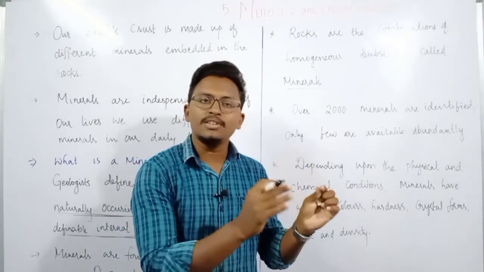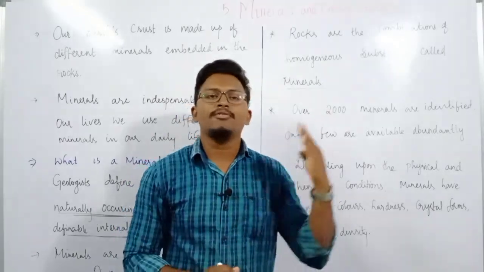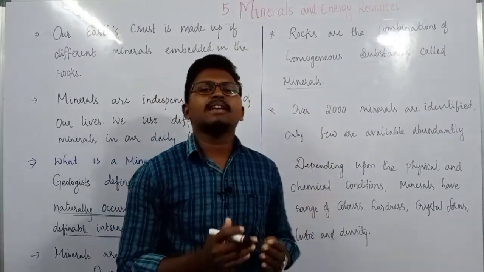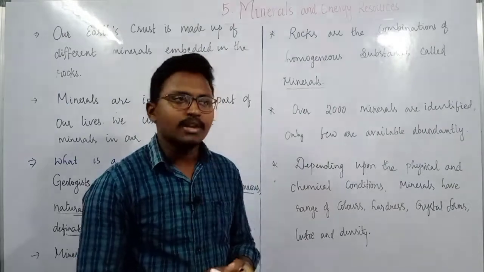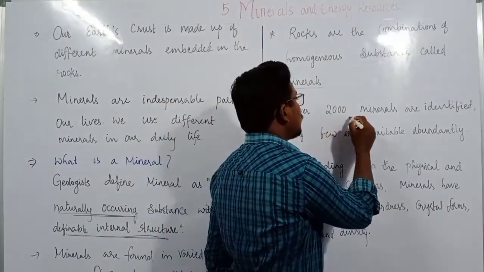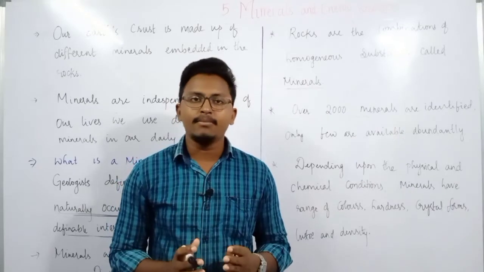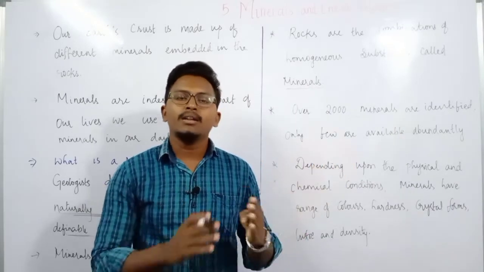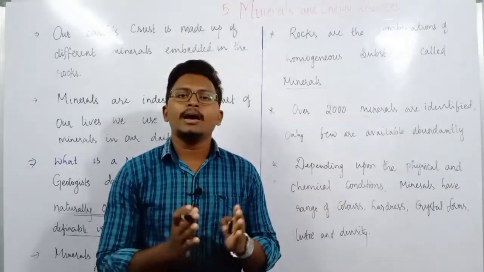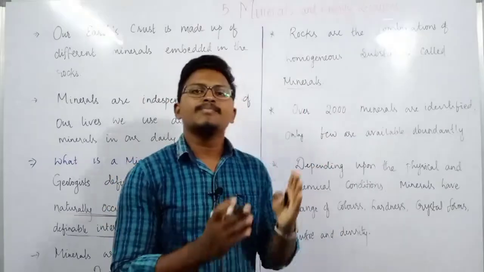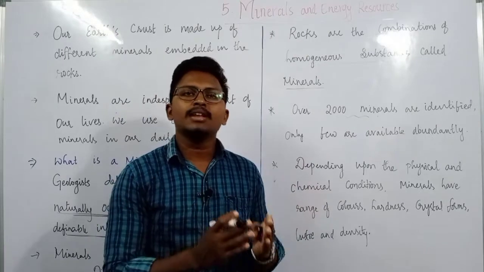The rocks which we see may contain some kind of minerals, and these are not just one or two types, but more than 2000 varieties of minerals have been identified. But not all these minerals are available abundantly. Very few minerals are available abundantly; we will learn about them and classify them.